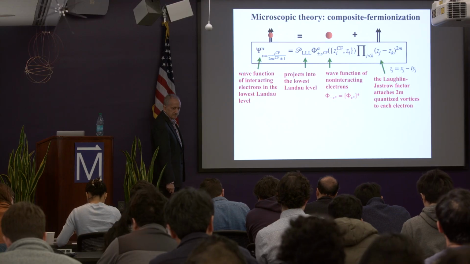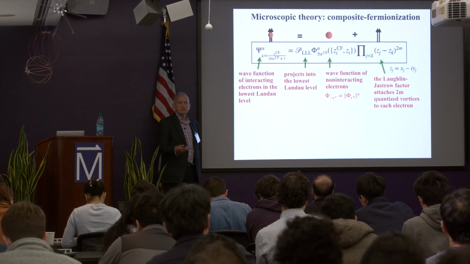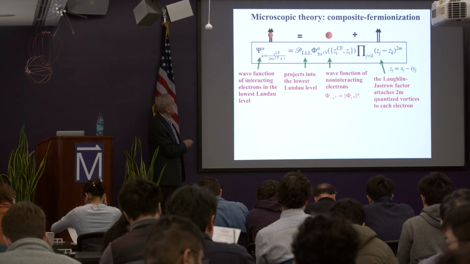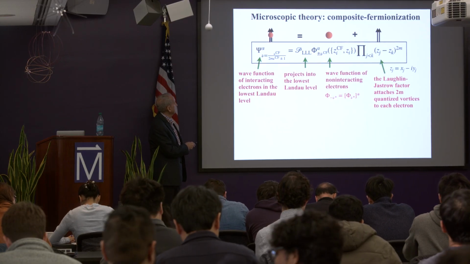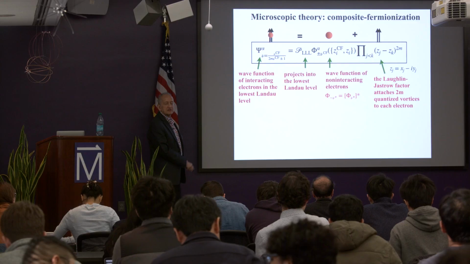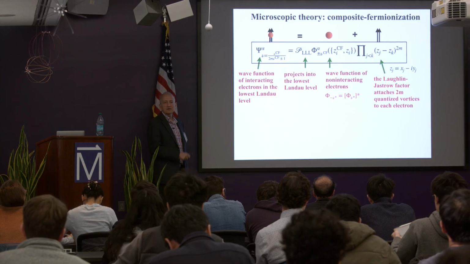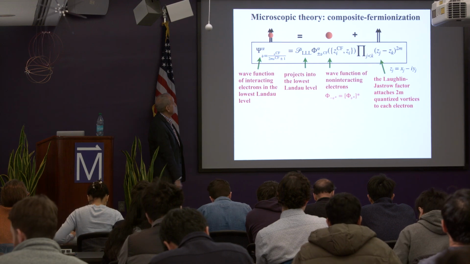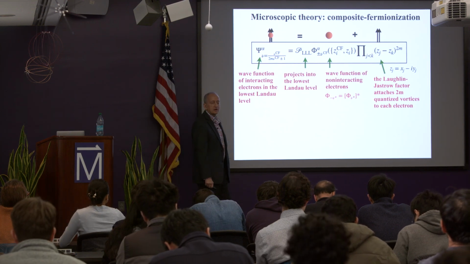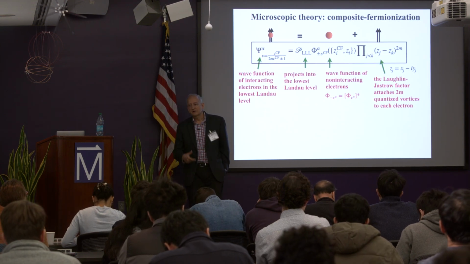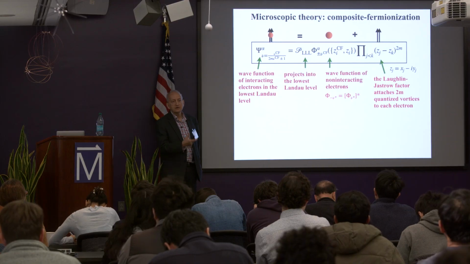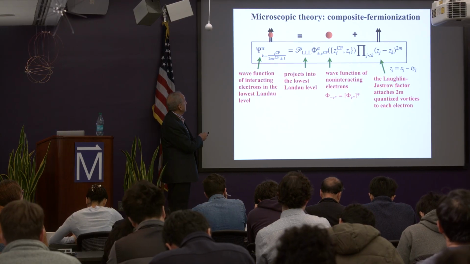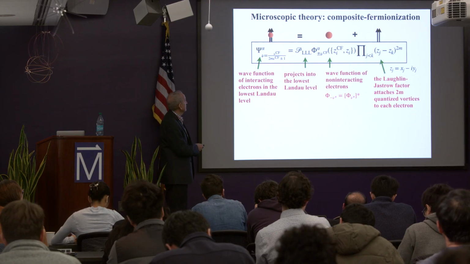Then the second thing was to write wave functions based on this idea. So we write wave functions for non-interacting fermions at the effective magnetic field B_CF or effective filling factor. We then multiply by this Jastrow factor, which does the job of attaching an even number of vortices, or what we often think of as flux quanta, followed by projection into the lowest Landau level.